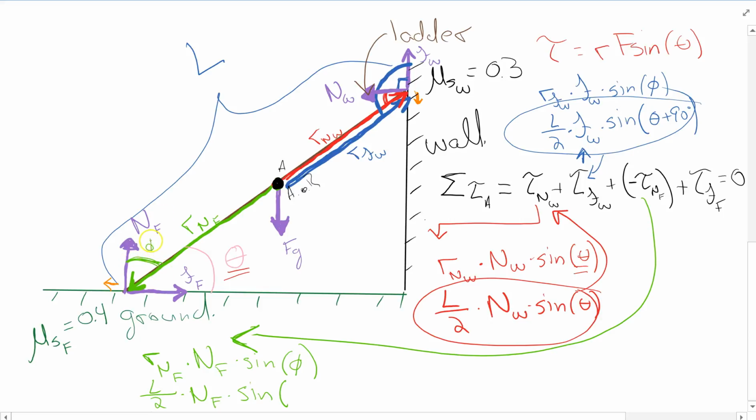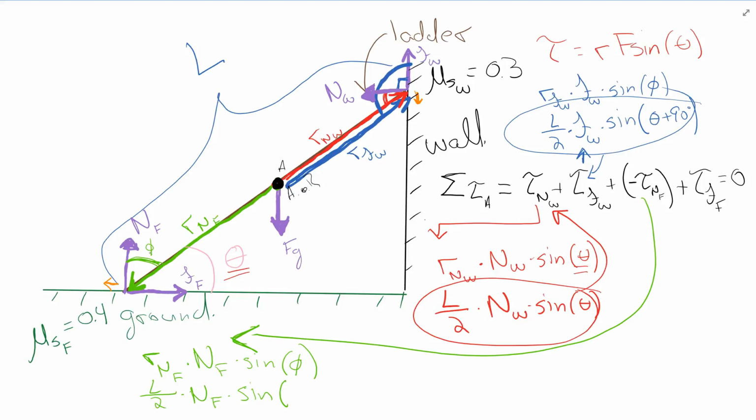That's our angle phi that we're looking for. But I can do some very good, nice geometry, and I could redescribe the angle phi in terms of the theta that I'm looking for. That's really what I want to do. I want to make sure that anywhere that I have an angle, it's the angle that I'm looking for.